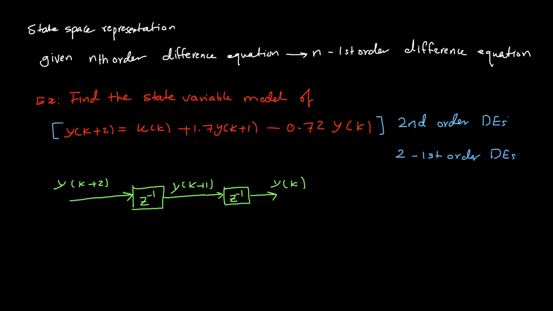Now the idea is very simple. The output of each delay is a state variable. So here the output of the first delay I will call x1 of k. And the output of the second delay, which is the y of k plus 1, is the second state variable, so it will be x2 of k.